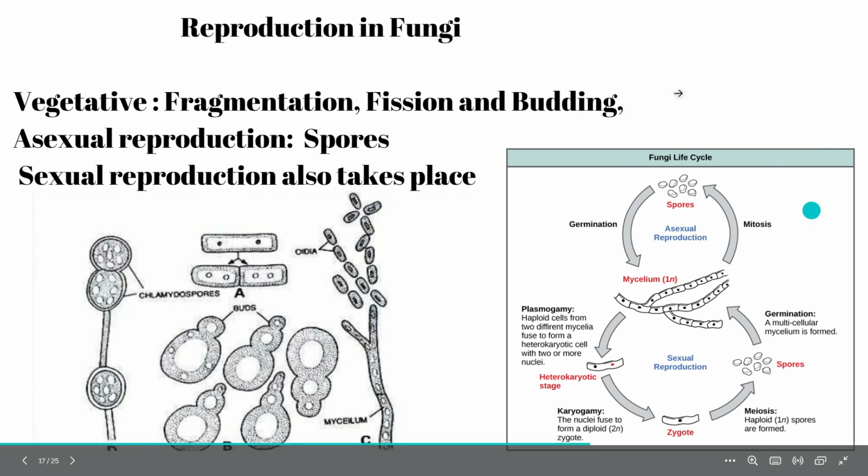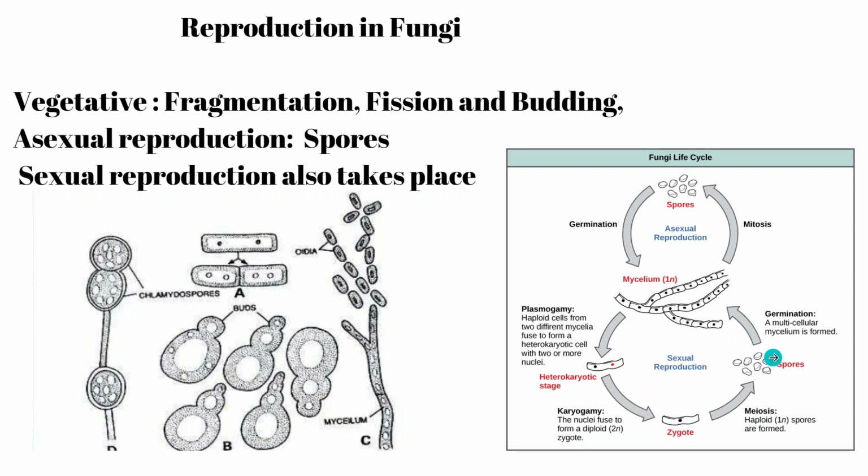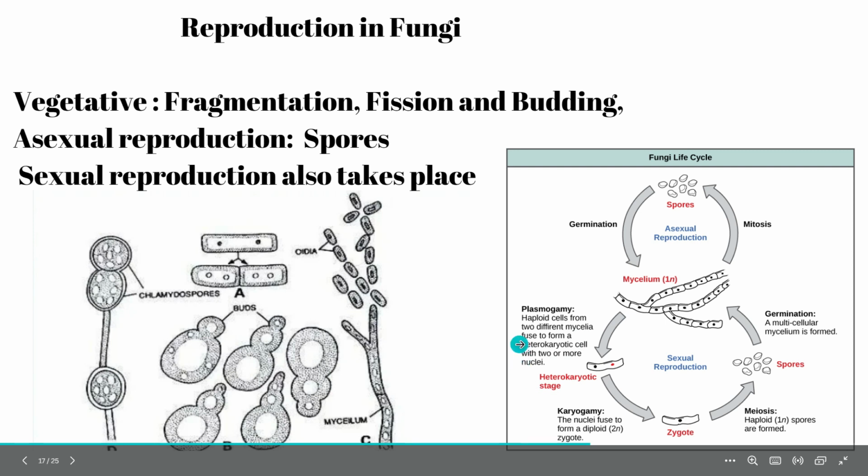So overall, in the reproduction of fungi, the zygote undergoes meiosis, which results in the formation of spores, and this spore germinates to form a mycelium. This mycelium again undergoes plasmogamy to form the heterokaryotic stage, then karyogamy, again the zygote, and this process is called sexual reproduction.